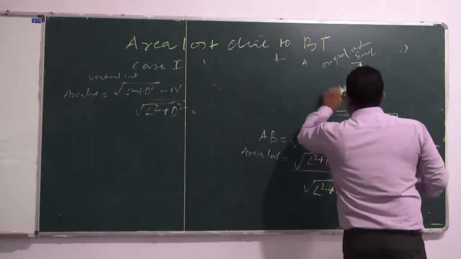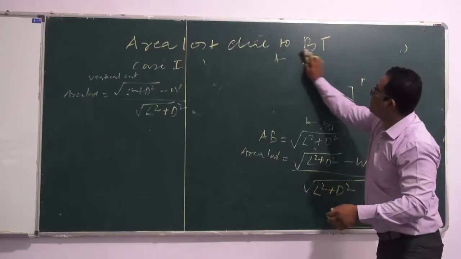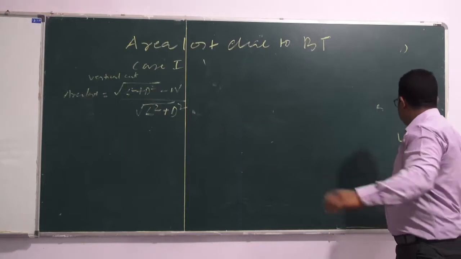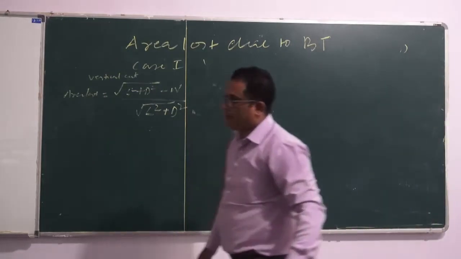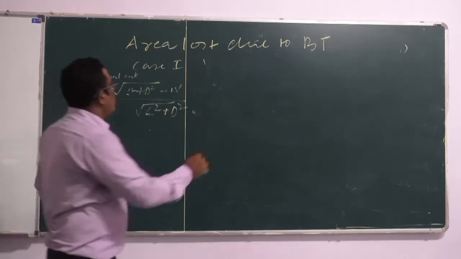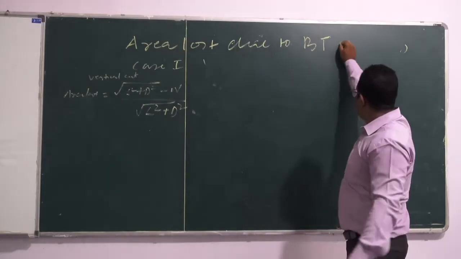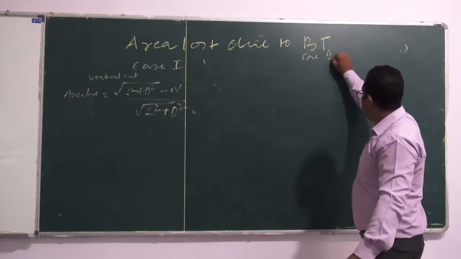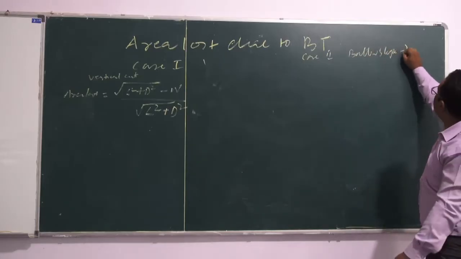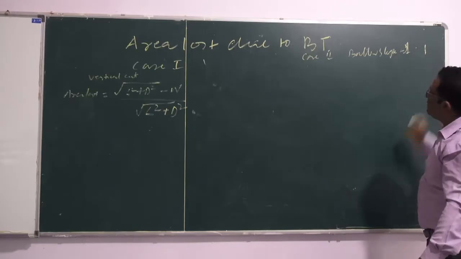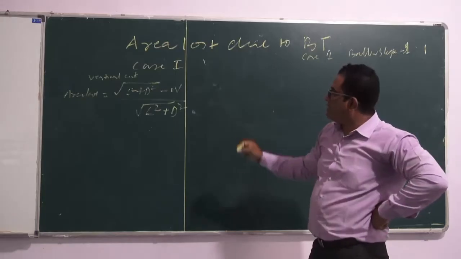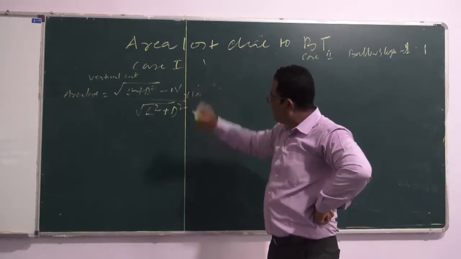Now, second case. Case 2, when the berm slope is 1:1. In that case, you have the area lost in percentage. If you express it in percentage, you can put 100.